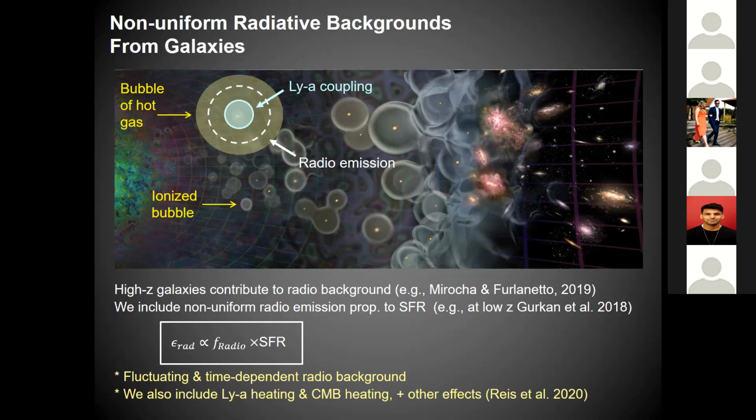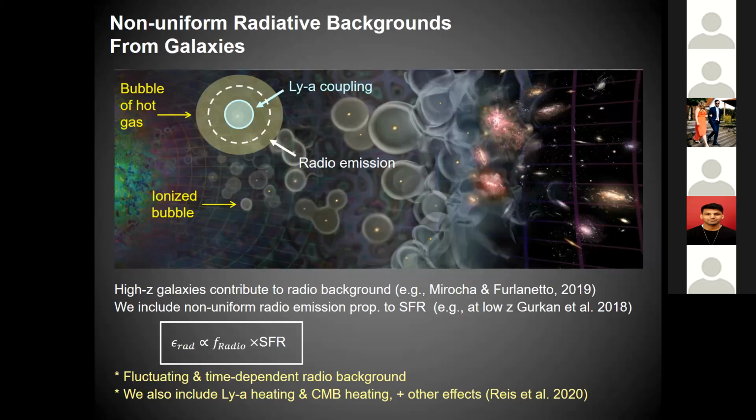So in this case, this extra radio background will trace the star formation rate, and it will also fluctuate around the sky, and it will affect the 21 centimeter signal around each source, but in an extended patch around it, so with some effective horizon. This background also evolves with time. And this work also detects new effects which tend to be important for cold scenarios.